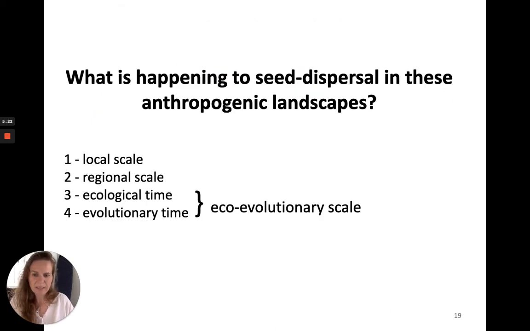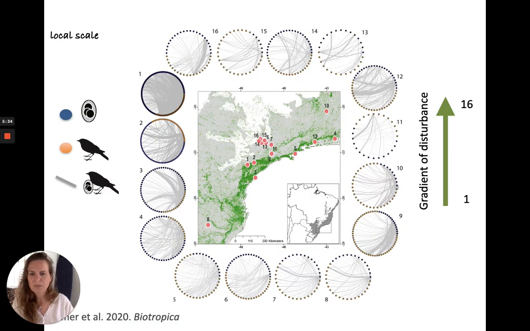What I'm presenting in the next 10 minutes or so is what's happening with seed dispersal interactions in this anthropogenic landscape at multiple scales. To start with, at the local scale, this is where we analyze what's going on within each of these fragments, and I would like to call your attention here to the usefulness of networks, in which number one is our most pristine area, and this is a gradient of disturbance, so 16 is the more disturbed one.